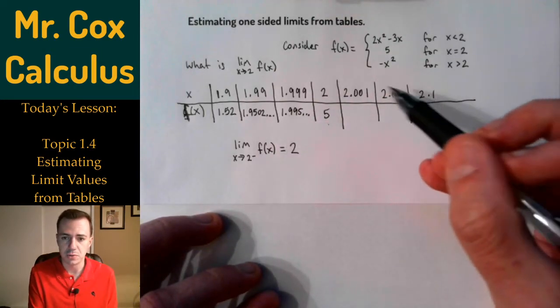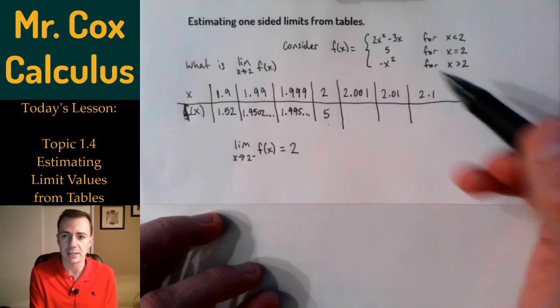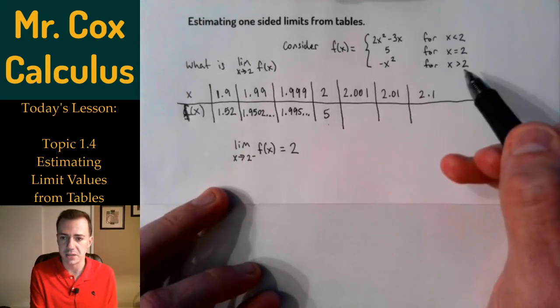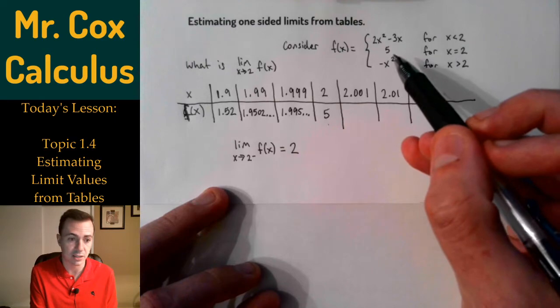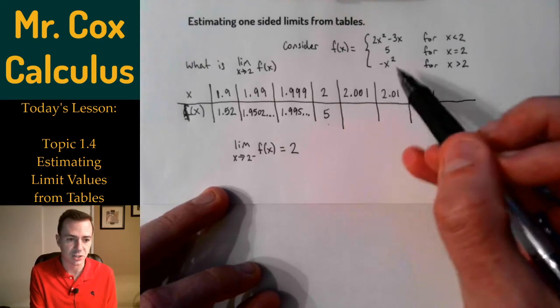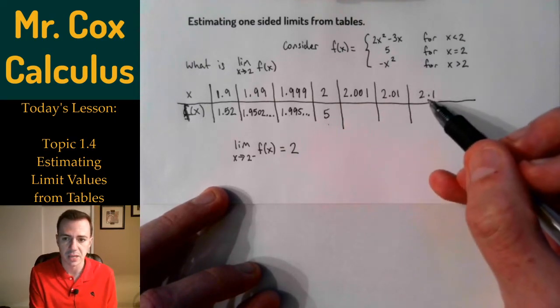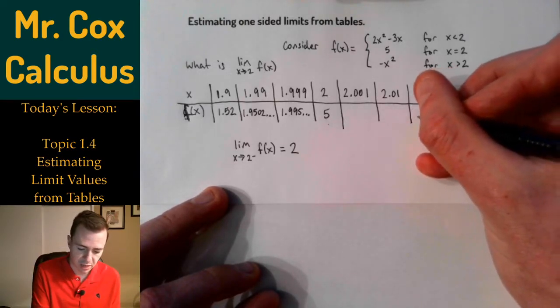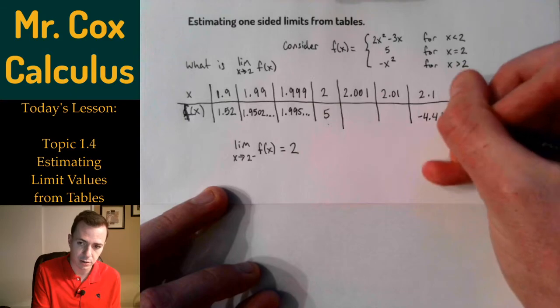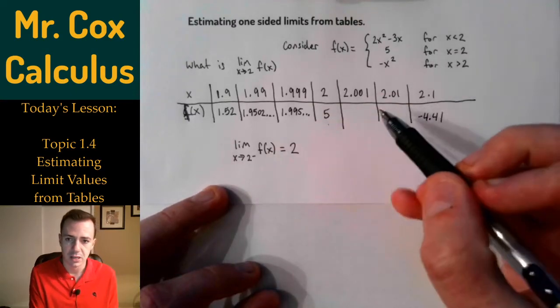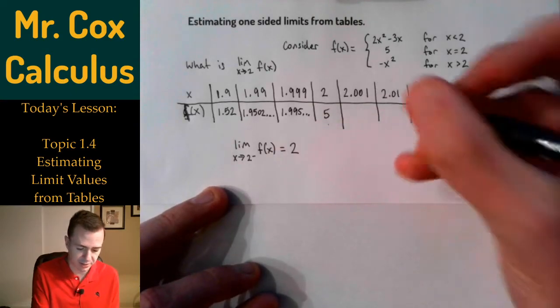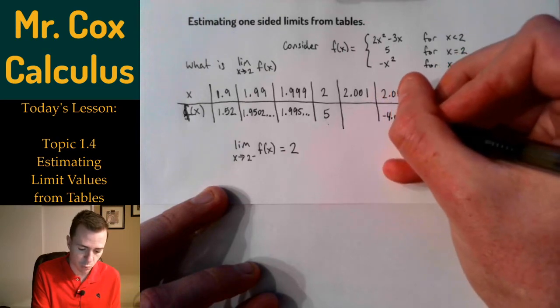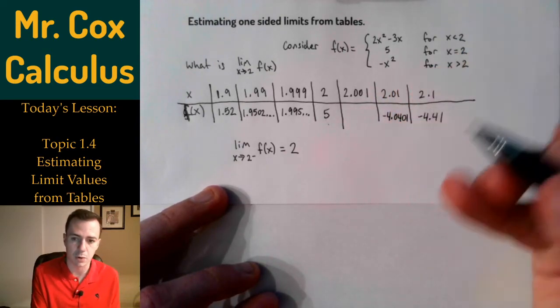So now let's come at it from the other way. If I substitute these values over here from the right, well, they're greater than 2, so they're going to get substituted into this function piece that's negative x squared. So if I take 2.1, square it, and make it negative, I get negative 4.41. And then if I take 2.01 and substitute it in, I get negative 4.0401.